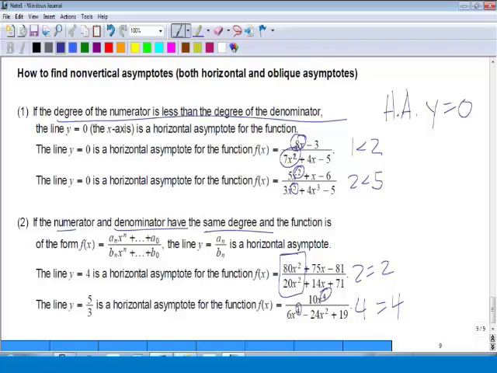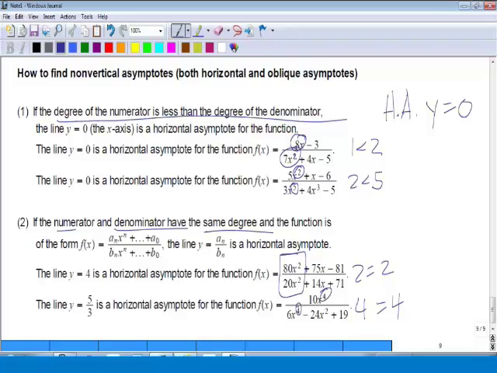So those two battle it out. And for large values of x, the value of this rational expression is really close to 80 over 20. The x squareds offset each other.